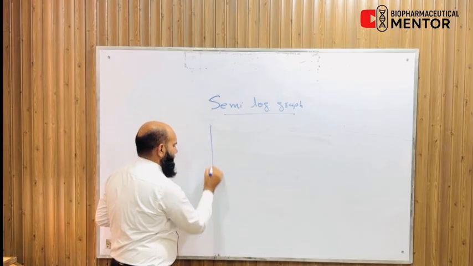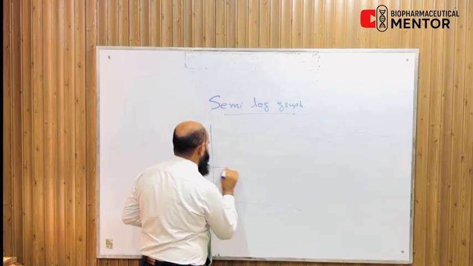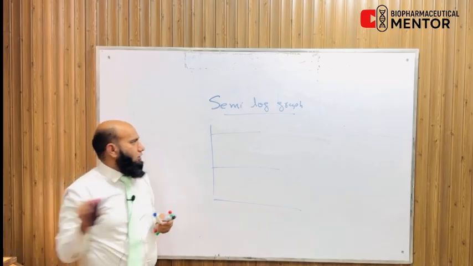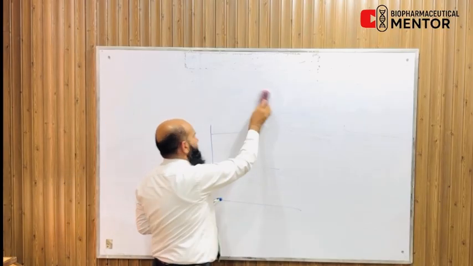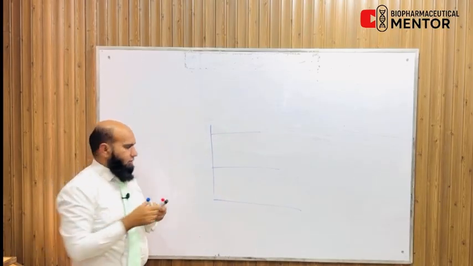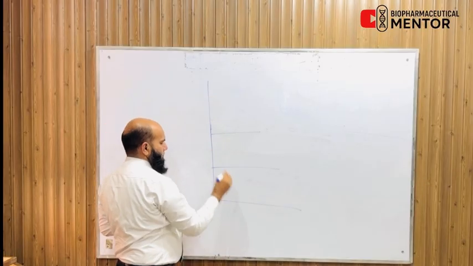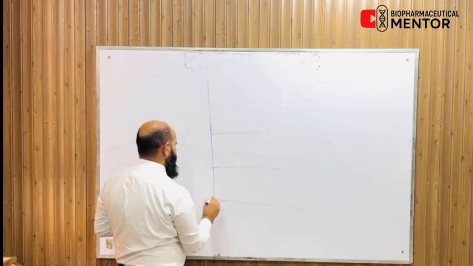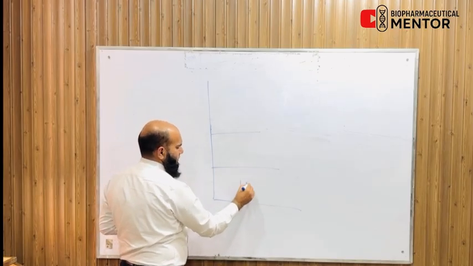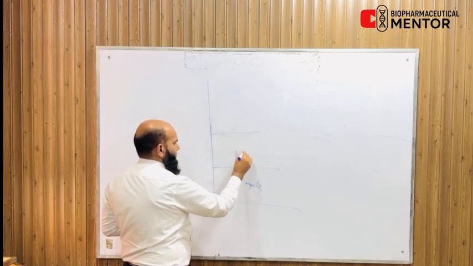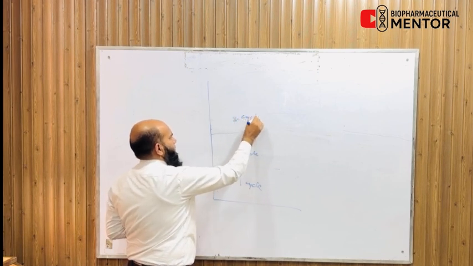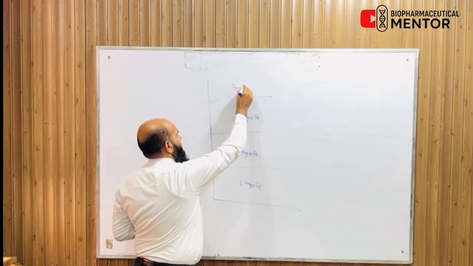For example, we are working on a 3 cycle graph. So we will construct this graph, which is basically a semi-log graph, and we will write cycle 1, cycle 2, and this is the 3rd cycle. So on, we can also make a 4 cycle graph.